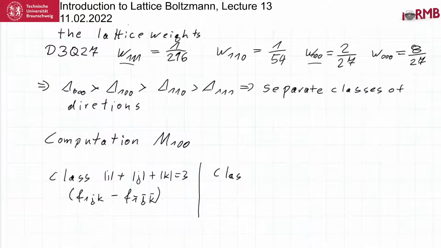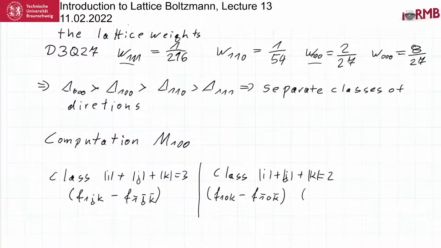So we have the class where this sum is 2. So one of these guys is now 0. So this is, for example, f10k minus f minus 10 minus k.